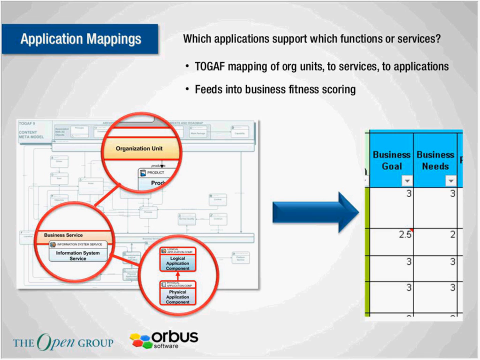If a given application is supporting 20% of your organizational units, representing, say, 80% of your employees, then that's an indication that this is a pretty critical, pretty strategic application for you.